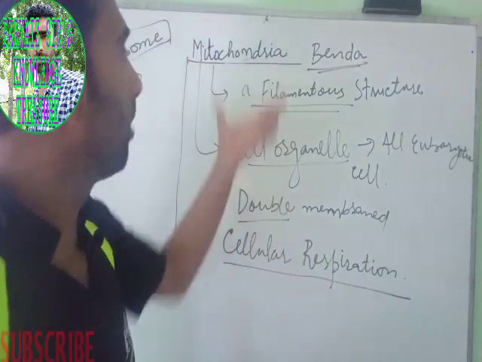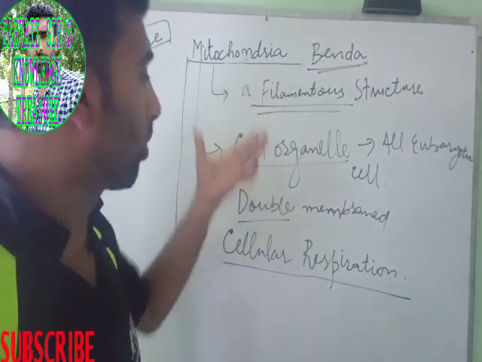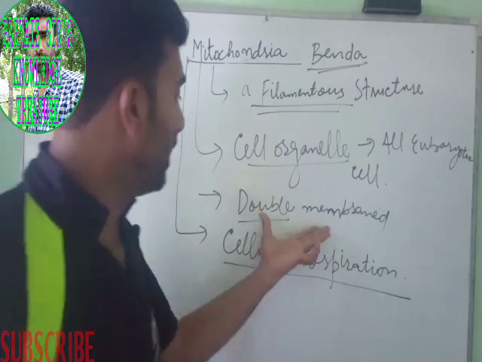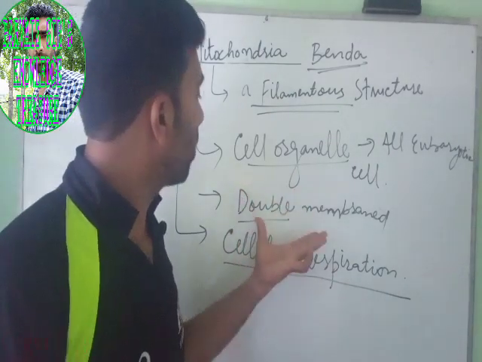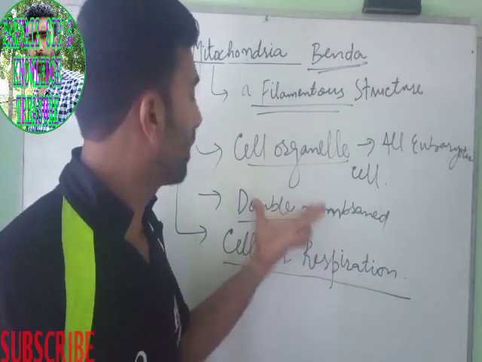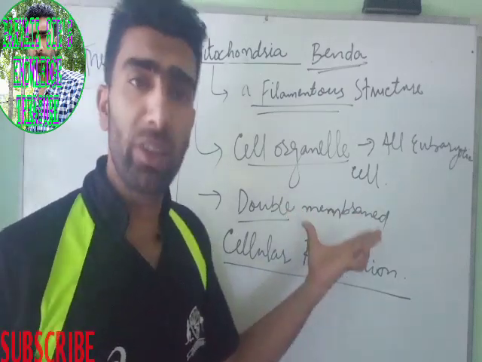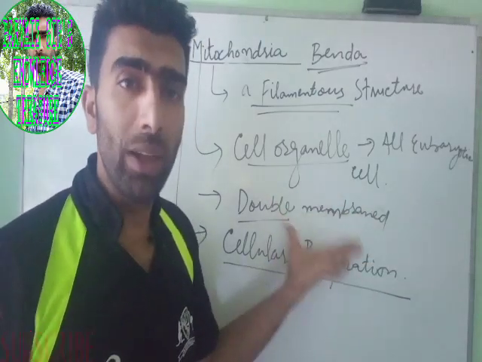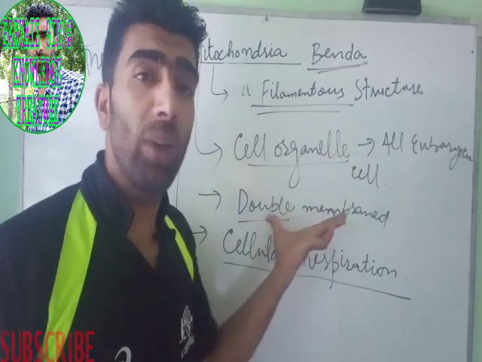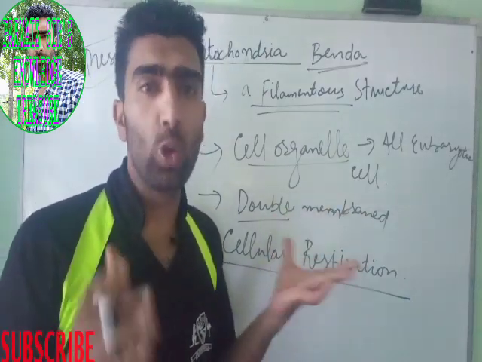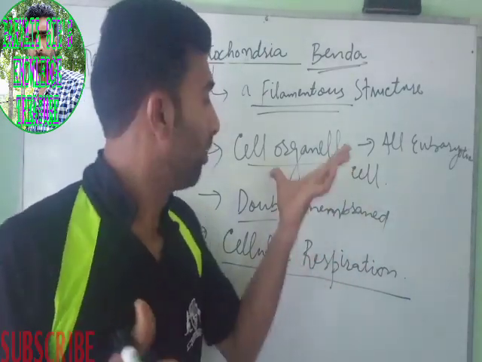Now, we will come to the structure of mitochondria. Since mitochondria is a double membrane structure, it has two membranes, and the structure of these membranes is similar to that of plasma membrane.